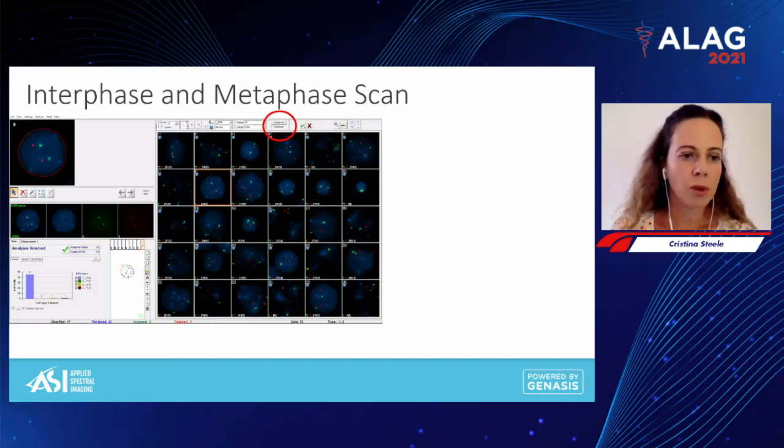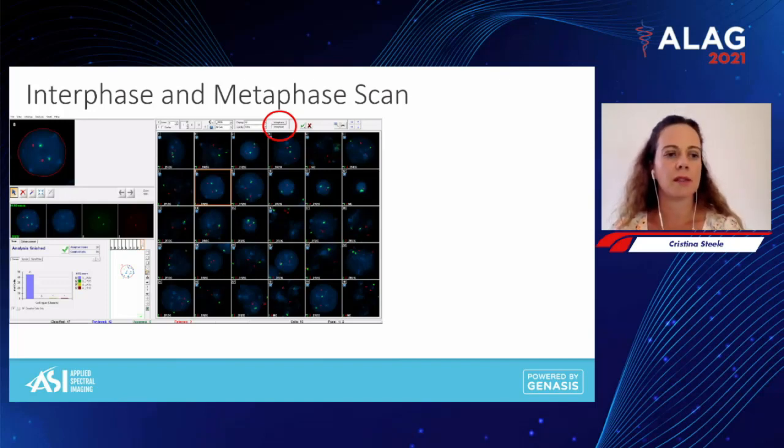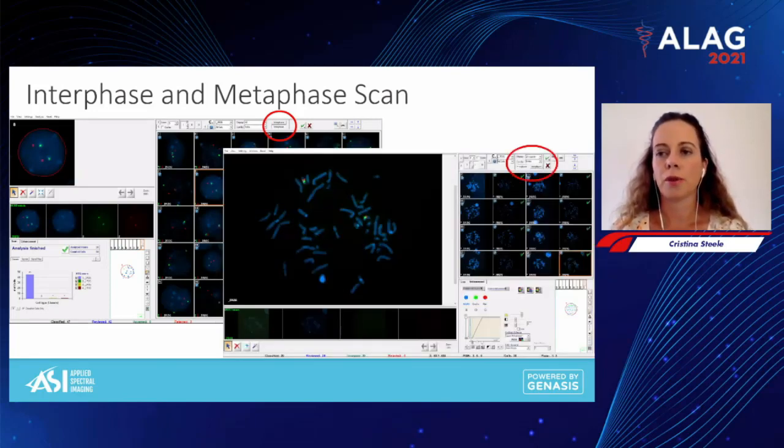And so some of the typical patterns that they were looking for is 2 reds, 2 greens, and you'll see the statistics on the bottom left-hand side of how many cells fell into that category and the other categories as well. By toggling onto the metaphase tab, we're able then to switch and review the metaphases that were captured for this probe as well.